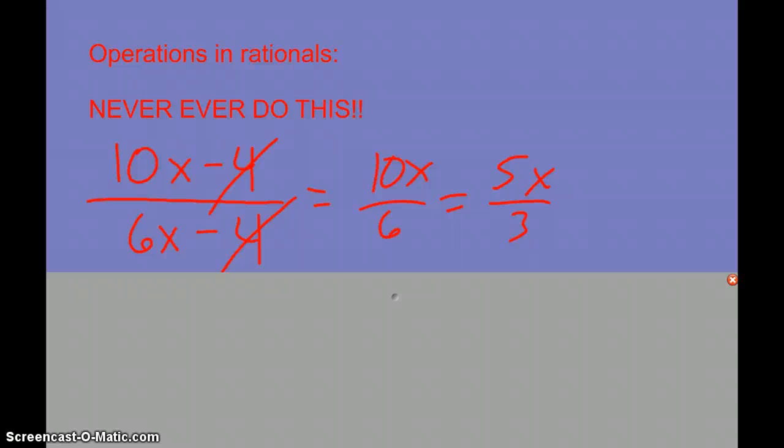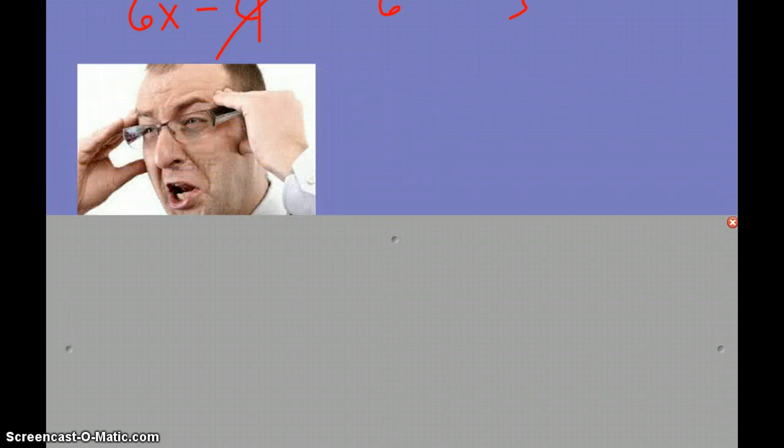But this is a really, really big idea. If you do things like this, you will see things like "no" written on your paper. We never, ever, ever do this. And you may see this look on my face if you ever do that. We never, ever cross off the plus or minus 4.